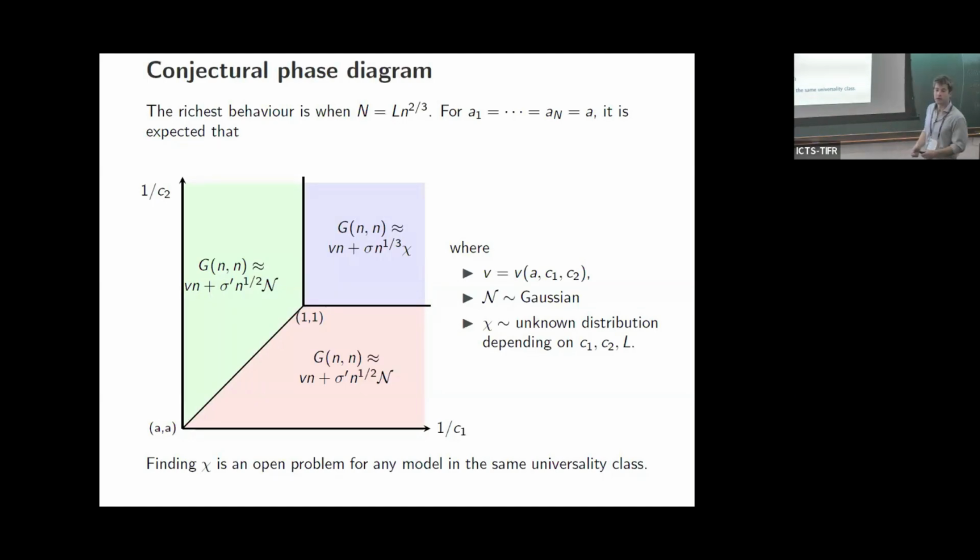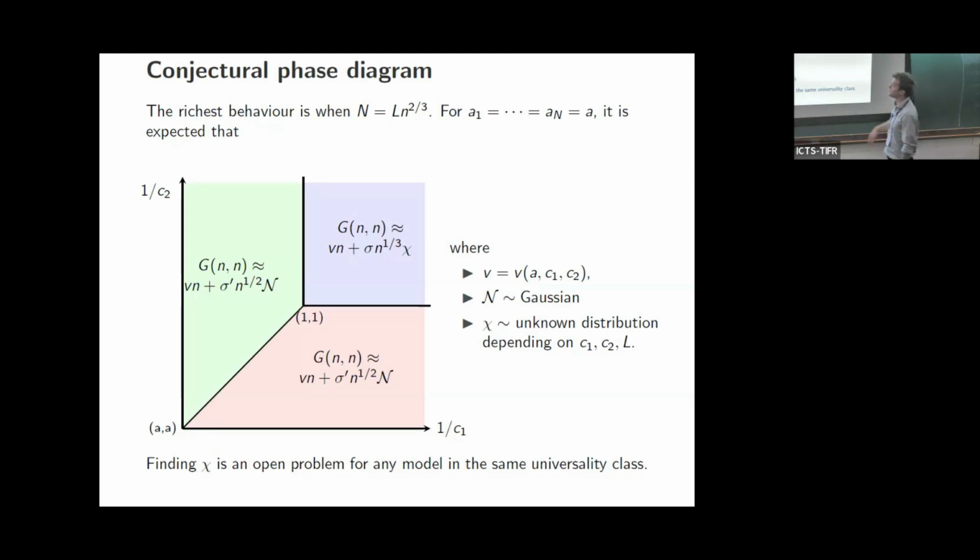Much is open about this model. What is conjectured is that there is an interesting phase diagram. The richest is when capital N, the size of the lattice, is taken proportional to little n to the power 2/3.